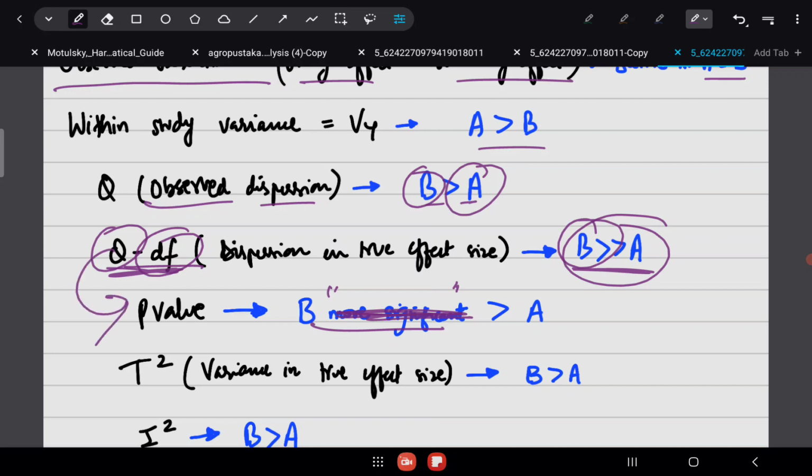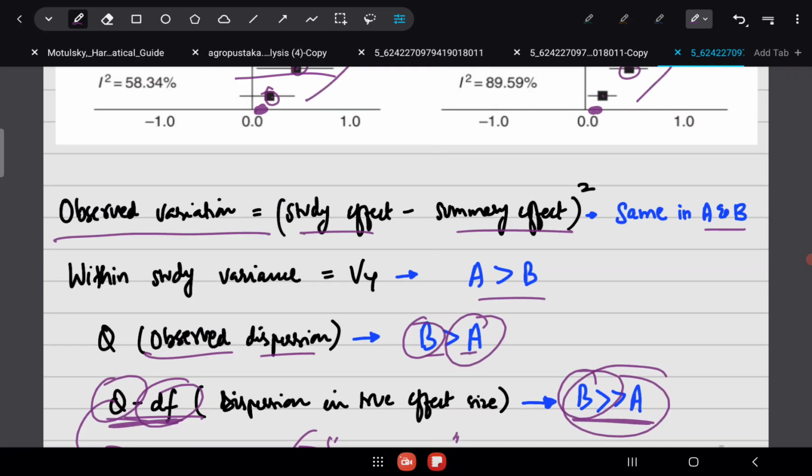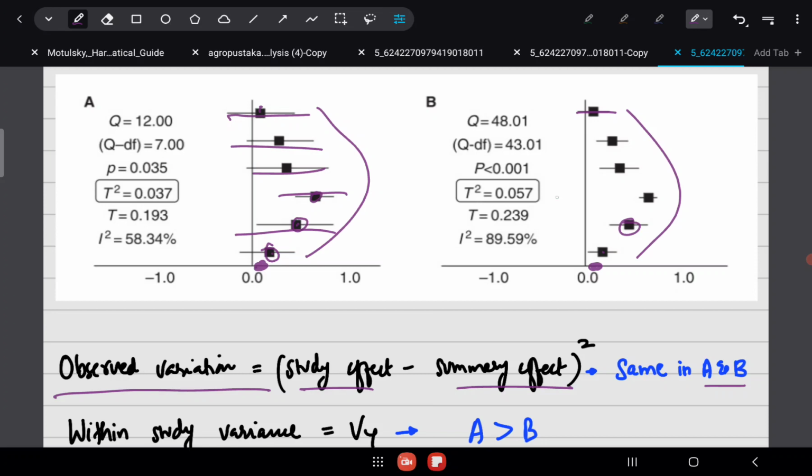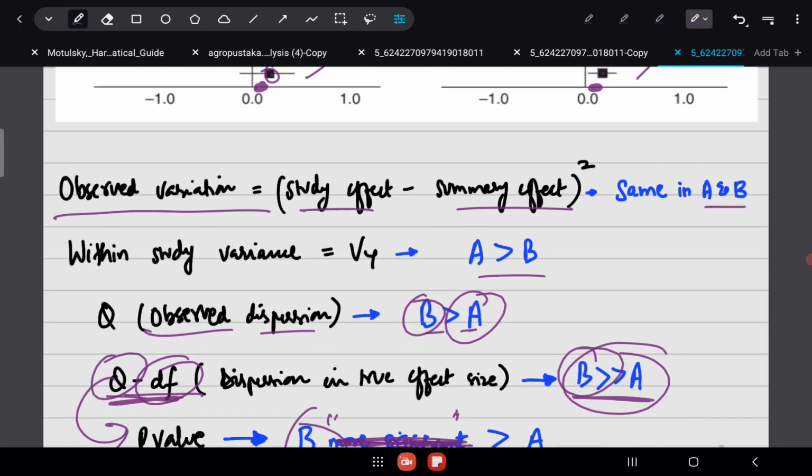So the p-value will be closer to 0 for B, right? Why? Because the dispersion is more. Q minus DF is more for the B forest plot, so the p-value will also be closer to 0 for the B forest plot.